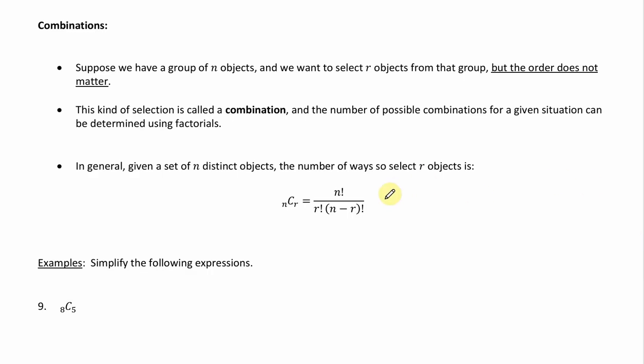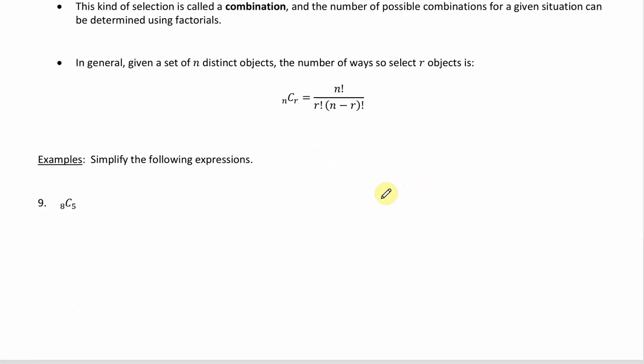So here's the combination formula, and this is very similar to, if you go a couple of pages back, the 9 factorial over 5 factorial times 4 factorial. It's that, just generalized, but it's that idea. Because watch what happens in this first example. If I expand this out, then what I'm going to end up with is 8 factorial on top, because that's the n. Out of n distinct objects, how many ways can you pick 5?